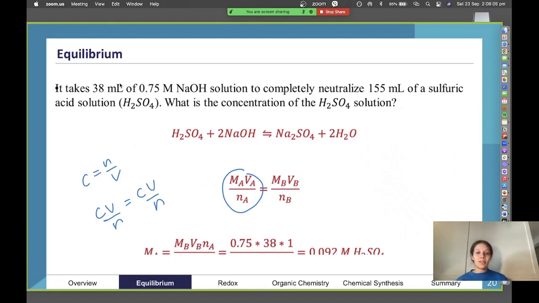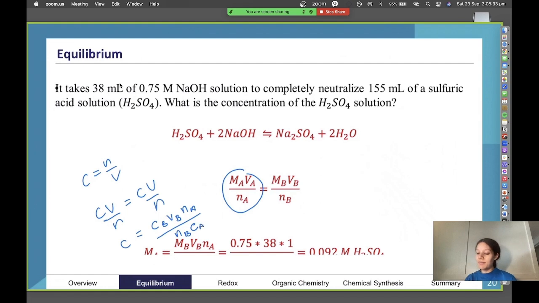Then we can sub in the values that we have from the question to solve for our unknown concentration of the acid. That means we end up with concentration of the acid equals C of the base, V of the base, n of the acid, over n of the base, multiplied by, what else do we have there?